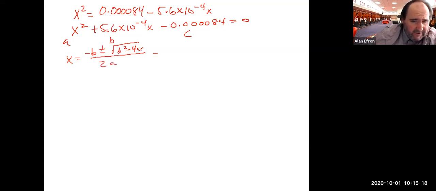So here, putting in our numbers, minus 5.6 times 10 to the minus 4 plus or minus. If we put in all the numbers and kind of get a number there in our parentheses, our square root is something like 0.000336.